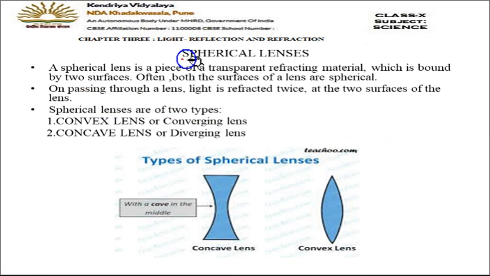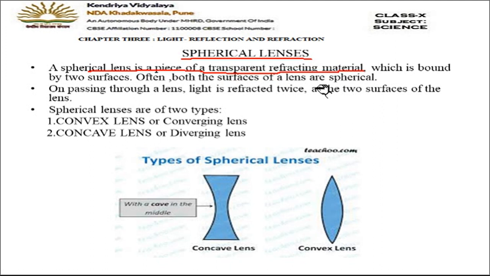Now, we are starting with spherical lenses. As spherical mirrors are part of spheres, in the same way, spherical lenses are also part of spheres. Let's see how. A spherical lens is a piece of transparent refractive material. Remember that the material of this spherical lens is transparent so that the light can completely pass through it.